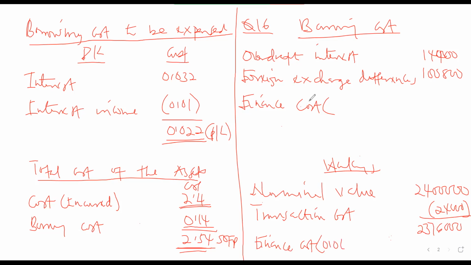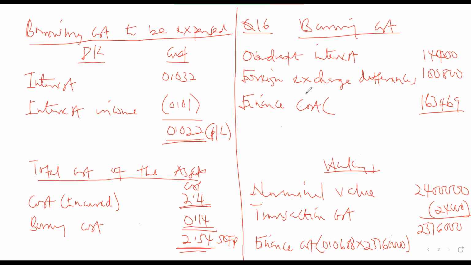So 0.0688 multiplied by 2,376,000. What are we having? I'm getting 163,468. Okay.